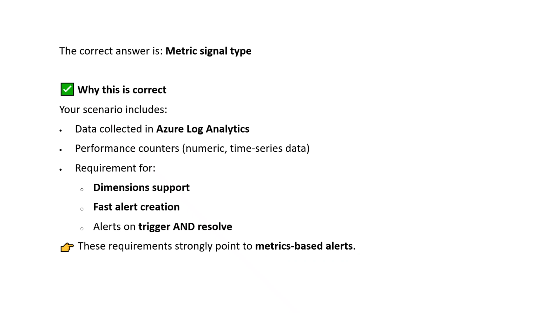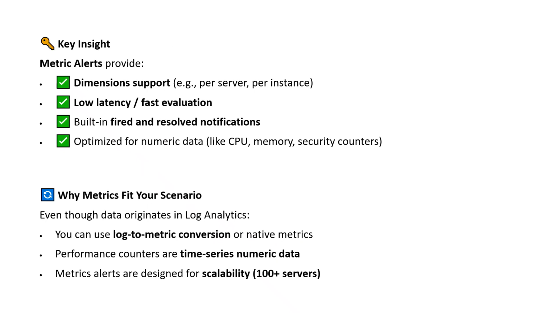Now let's move on. What are the key insights here? Dimension support per server per instance, low latency, that is fast evaluations, built-in fired and resolved notification, optimized for numeric data like CPU, memory, security counters. So why does metrics fit your scenario?